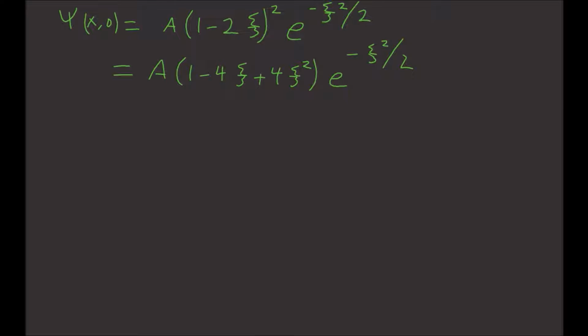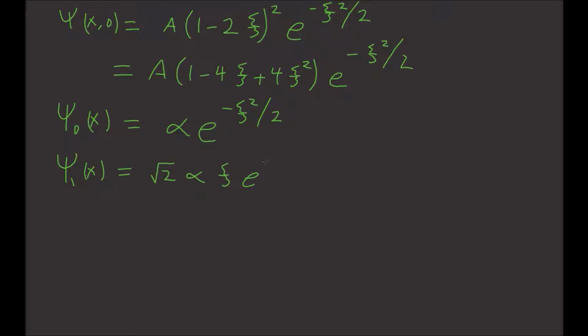Alright, so from here we can rewrite this wave function in terms of the three initial states. So we have the ground state psi of x and 0. This is in terms of alpha and squiggly, it's made out of alpha times e to the minus squiggly square over 2. We have the first excited state, which is the square root of 2 times alpha times squiggly times e to the minus squiggly square divided by 2.